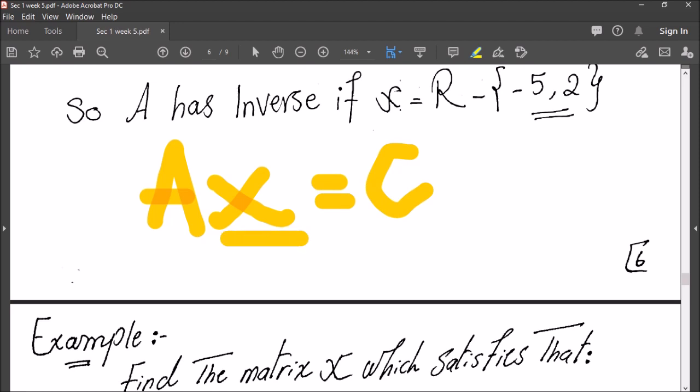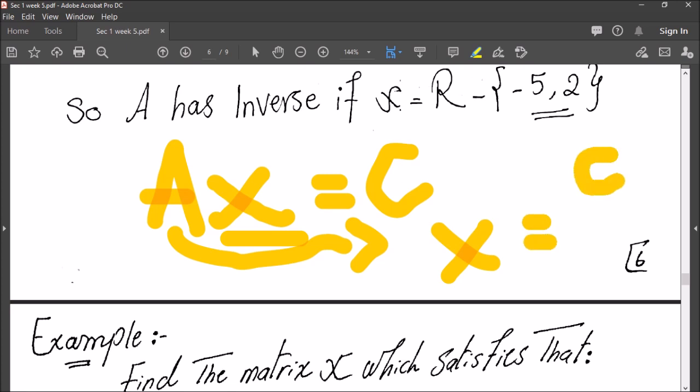You would say simply, okay, let's move a to the other side by dividing. So x will equal c over a. Correct? Yes, that's what we studied.